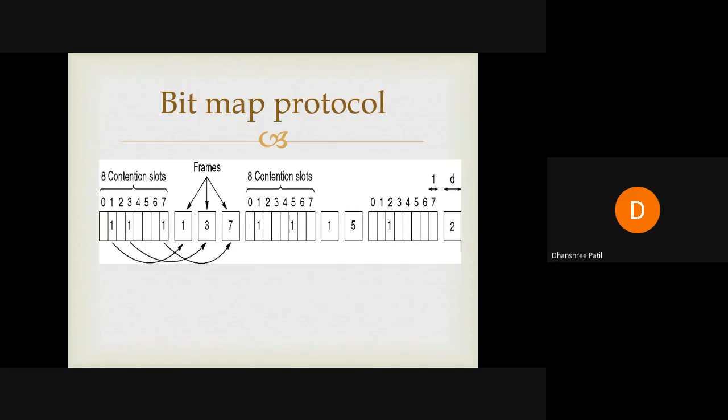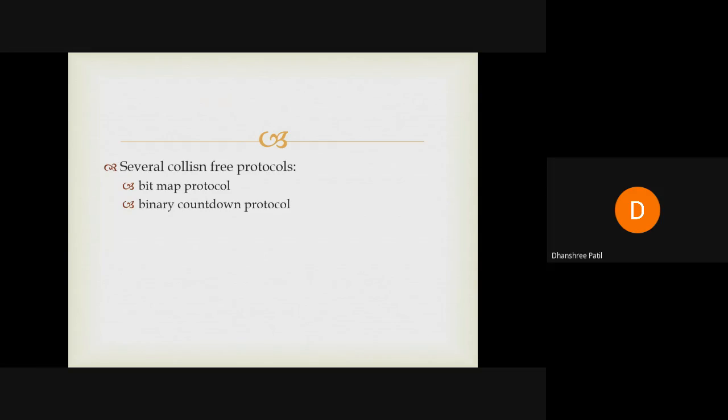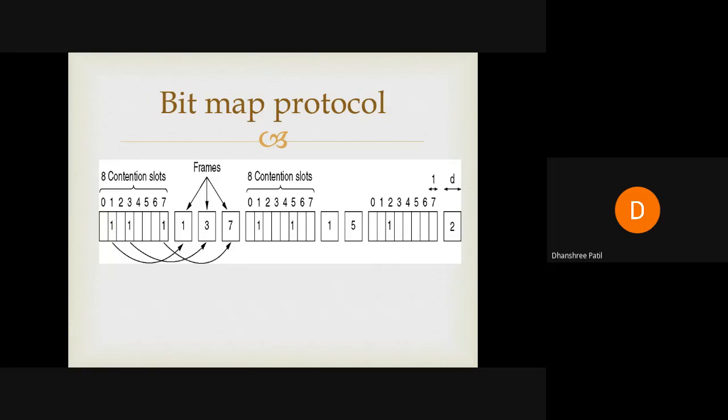First, you should understand what the need of this bitmap protocol is, or the need of collision free protocols. Why are collision free protocols there? In CSMA/CD, collision is not there in the contention period. But if a number of stations are there, it is possible that collision can occur during the contention period also.